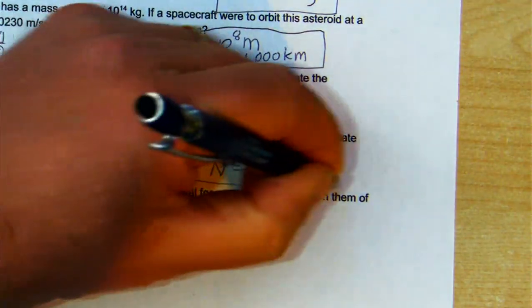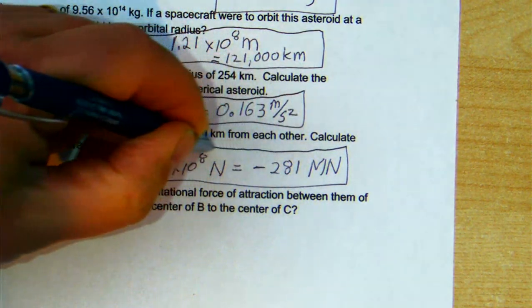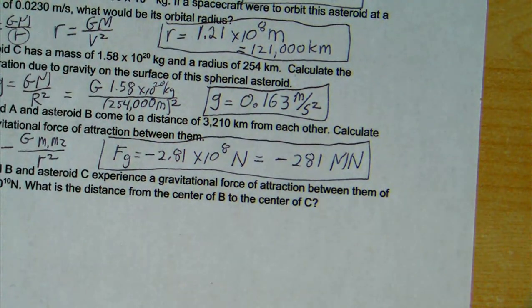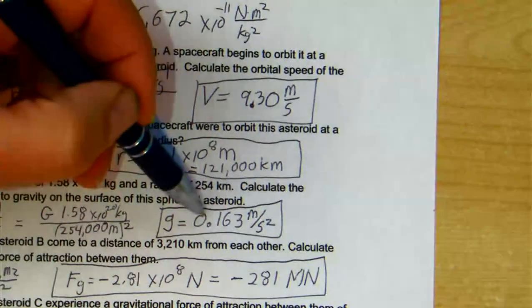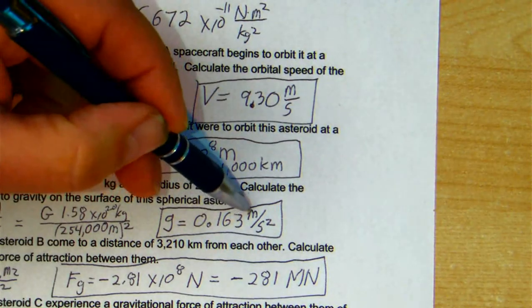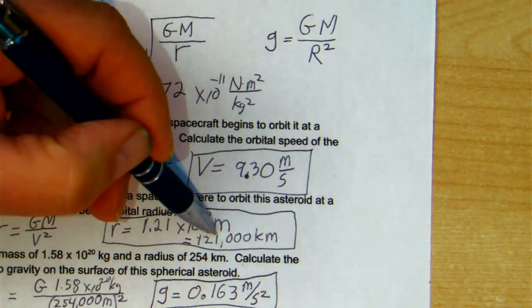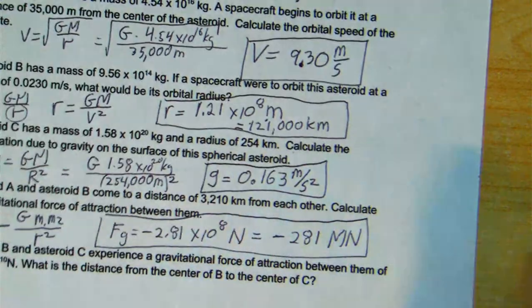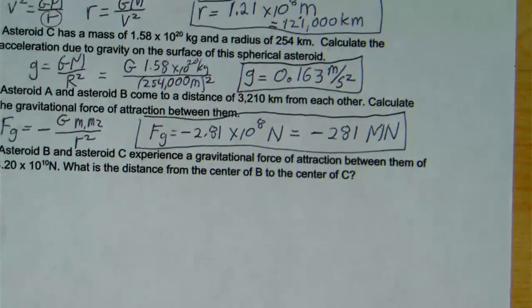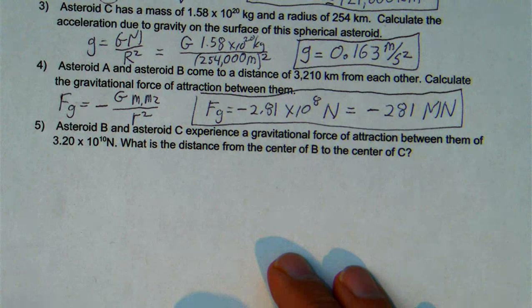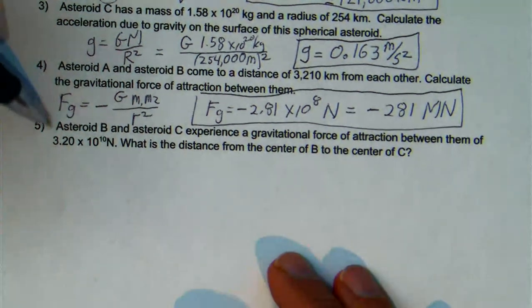Okay, you're not required to do that, but you're encouraged to start using the Greek prefixes to express yourself. So this one could be 163 millimeters per second squared. This could be 121 megameters.